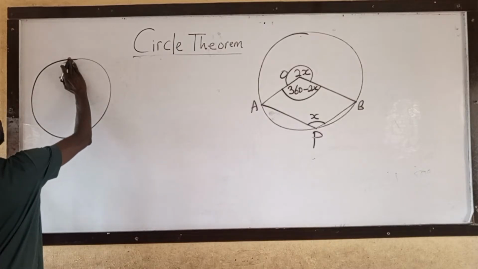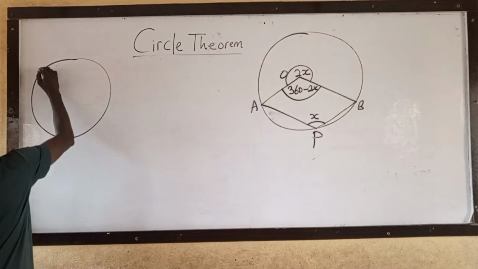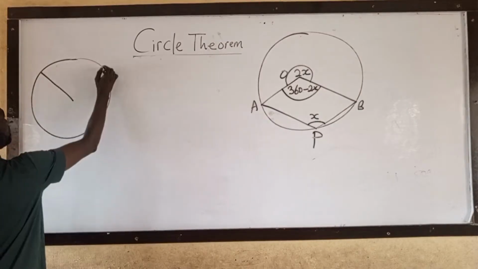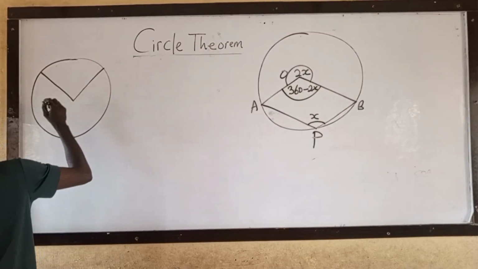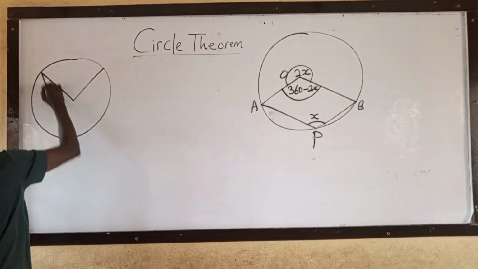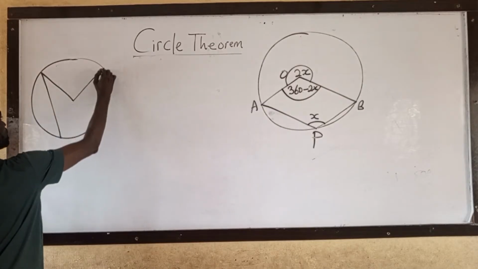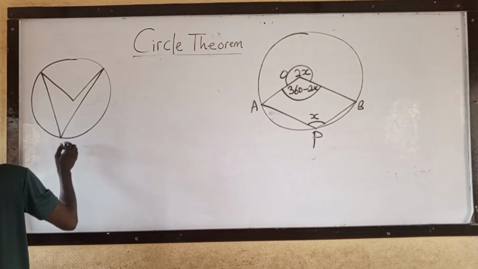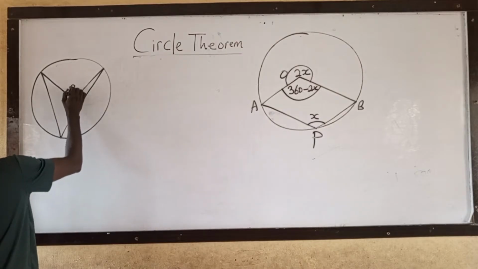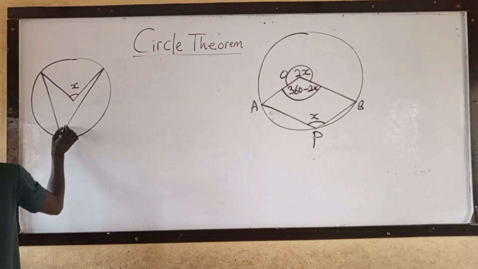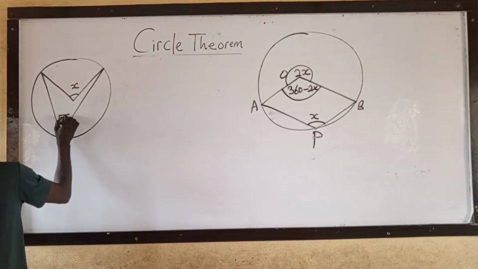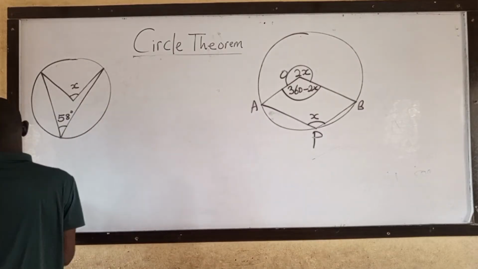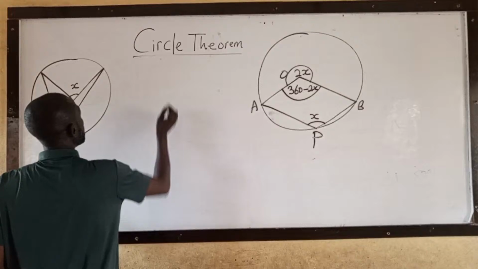You can place any direction, it doesn't really matter. Now it's just what spots they are and see where they are traveling to. This one is upside down. You put X here. You put 58 here. Find X.